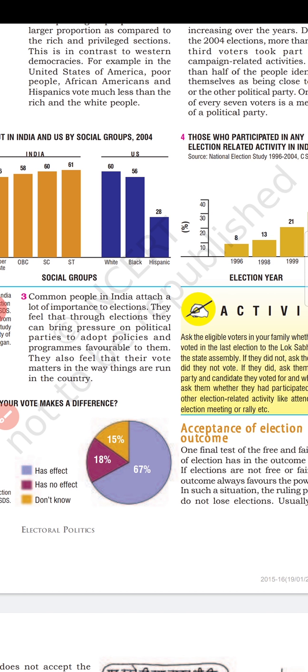Means in India, mostly the common people feel that they have very strong power in their hand. If any political party which is in power is not performing well, the people can change that party in the next upcoming election.